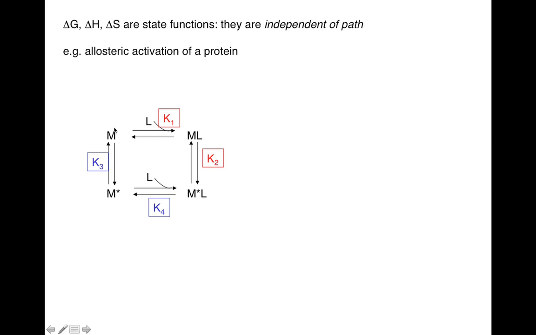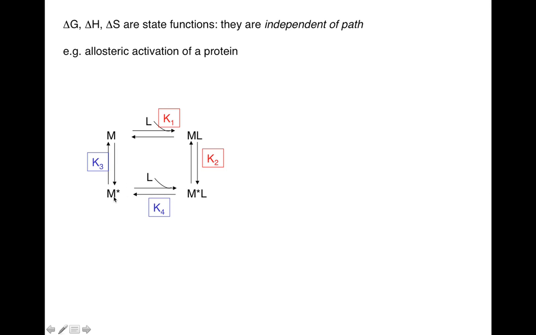Okay, so imagine you have a macromolecule that binds a ligand, okay, with some affinity, so some equilibrium constant, and that, in an abstract sense, we won't talk about mechanism here, that complex allows the macromolecule to change conformation to M star, and there's some equilibrium associated with that change of conformation. Now, we can also think about it that the macromolecule itself could be in equilibrium with this other state, M star, and that binds the ligand.